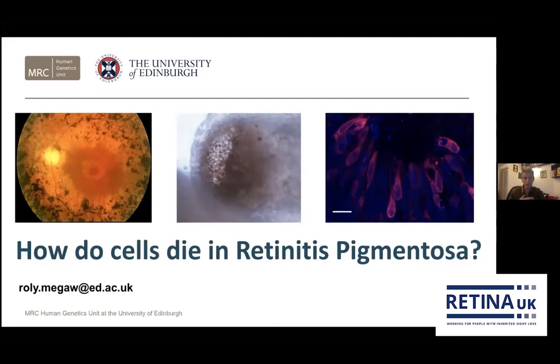And so that has finally made it to clinic. We can give it in the NHS, and there now follow several gene therapy trials which are getting up and running to target different genes in RP, and more will follow. And so we are really at the start, hopefully, of gene therapy becoming a real treatment option for patients with RP.